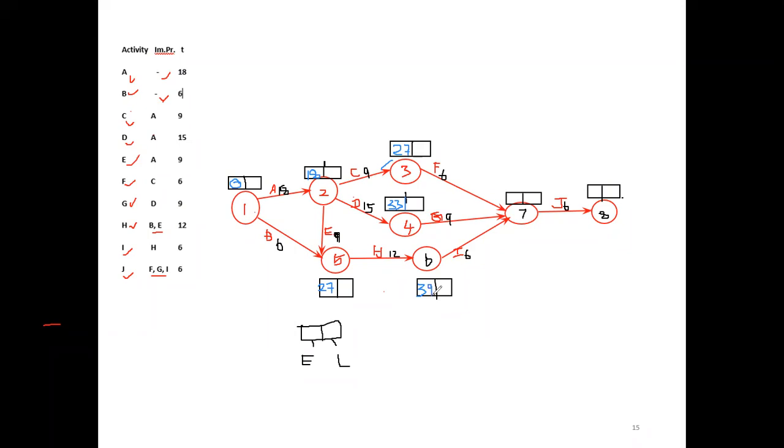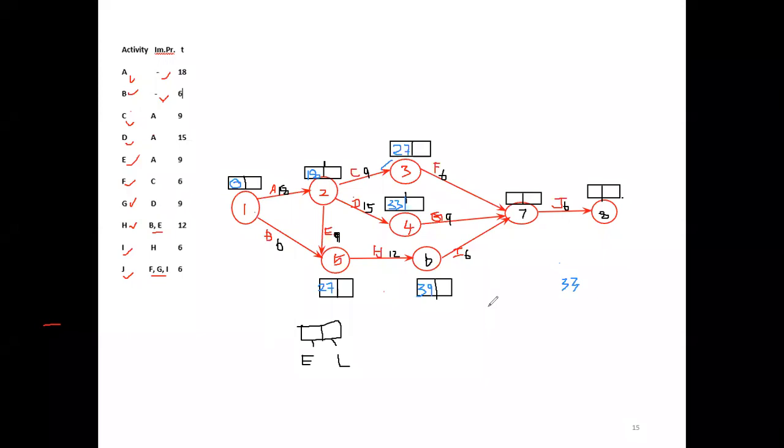Right. Now come to the seventh event. There are three routes. First we'll consider here 27 already spent for A and C, 27 plus now F needs 6. So 27 plus 6, 33.